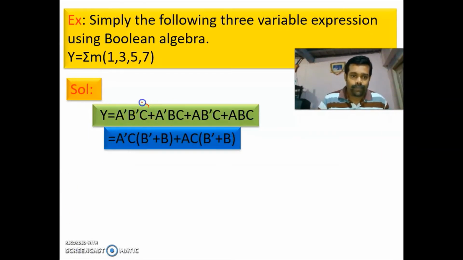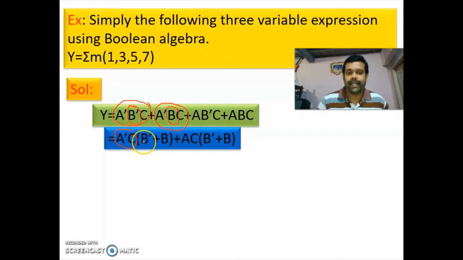Now from the first term and second term, we are checking whether there are any common literals. The literals A and C are common in the first 2 terms. So we have taken them common. In the first term, B bar is there. In the second term, B is there.